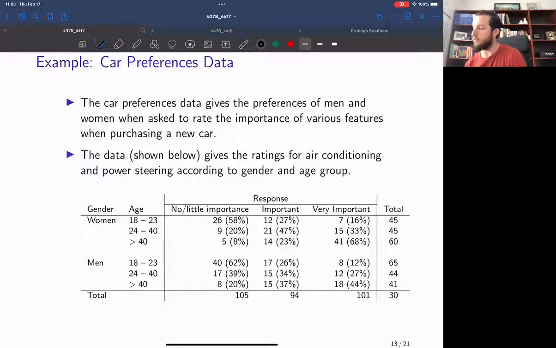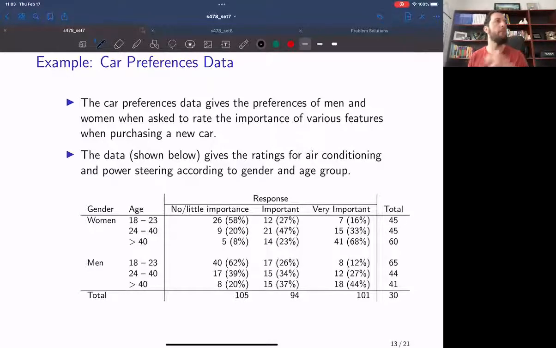So in this data set, our response is whether or not the persons that took part in this survey rated the importance of various car features as no/little importance, important, and very important.